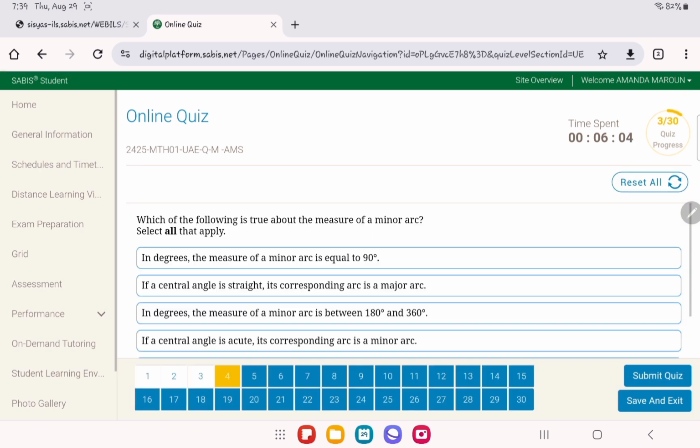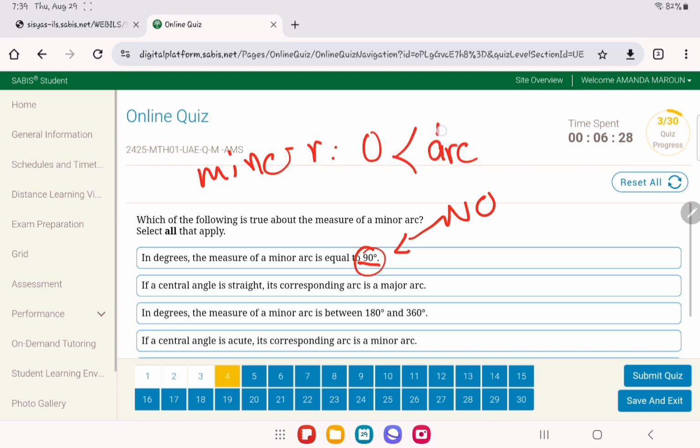Number 4, which of the following is true about the measure of a minor arc? Let us see. In degrees, the measure of a minor arc is equal to 90 degrees? No. A minor arc is definitely greater than 0, but it is less than 180 degrees.